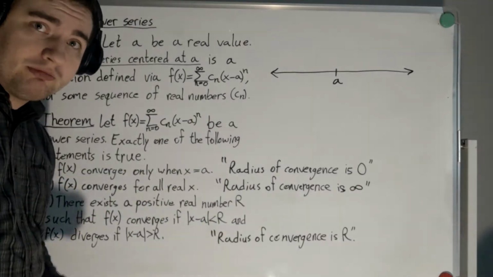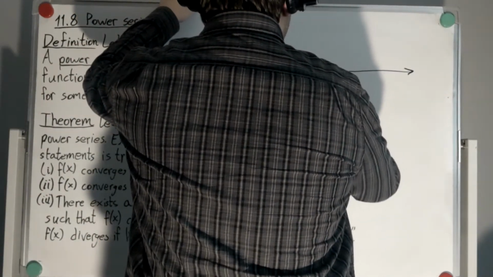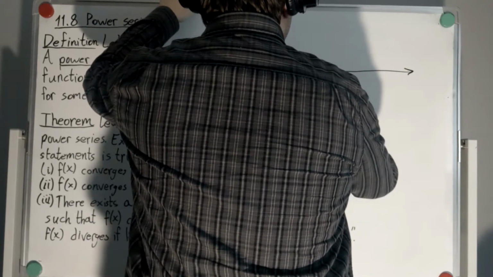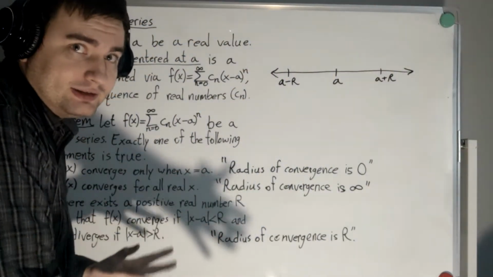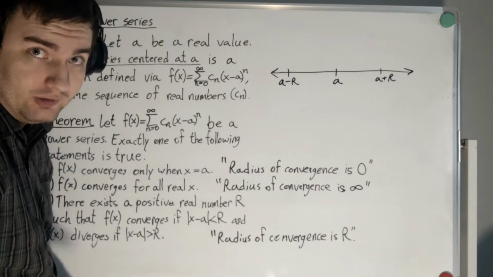All right? So what this is saying is that you have convergence when the distance between x and a is less than R. In other words, if you take a minus R and you take a plus R, well, those are the two points where the distance from a is equal to R, right?